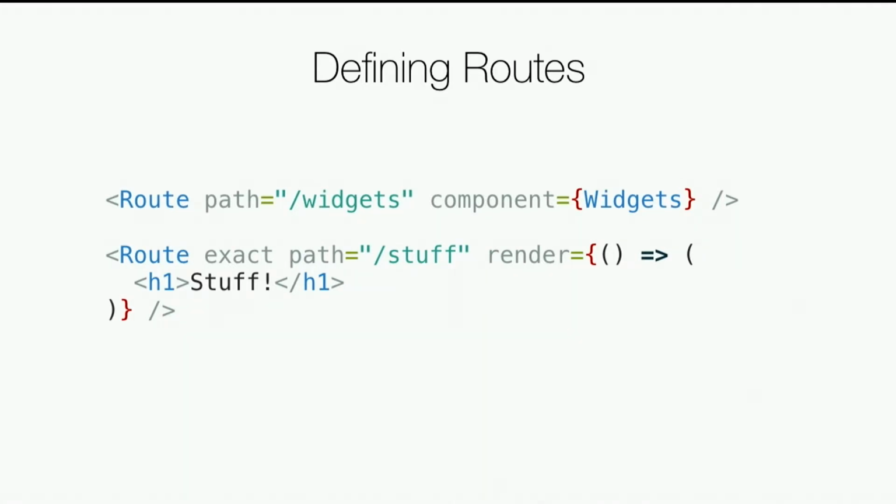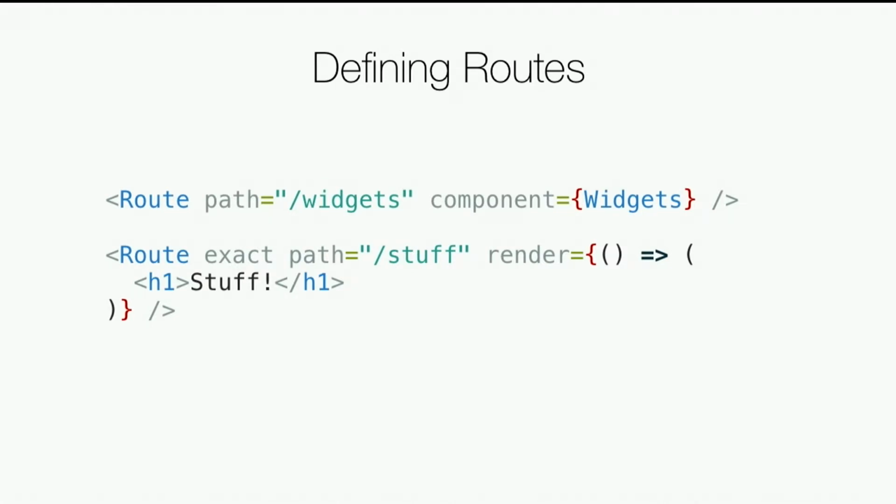In the second case, we say we want an exact match of the path /stuff, meaning we'll only match when it is exactly /stuff. And if there's anything else in that path, then it's not going to match that. You'll notice the second one also does not have a component prop. It has a render instead.